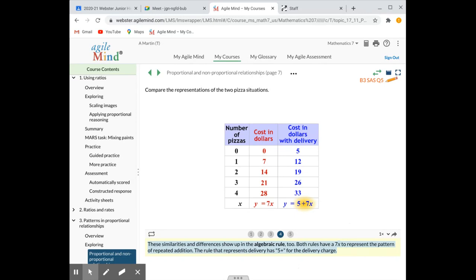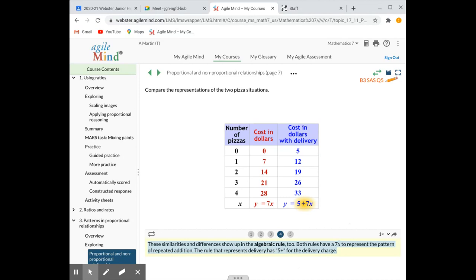Can I say it? Go ahead, Jacaden. I'm gonna try to say it. They're different because, wait, what? Why would you still pay for delivery? You didn't get no pizza. I'm pretty sure you're supposed to read the bottom, the thing he highlighted.